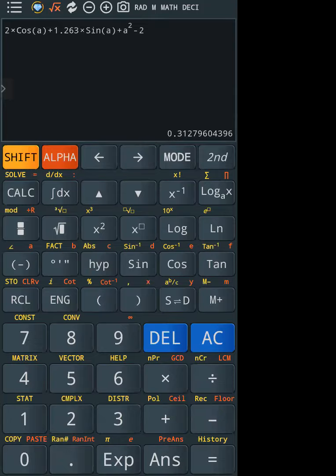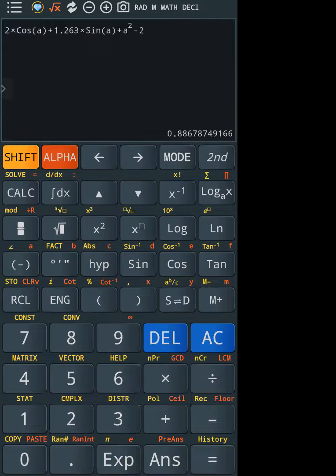Now you solve it. See what I'm clicking? I'm clicking on solve. Solve for the value of A as 0.5. This is 0.61. 0.679. Correct. Next, you calculate for x equal to 0.75.